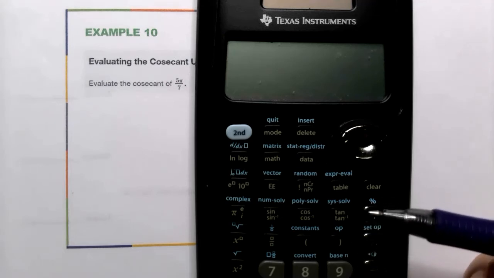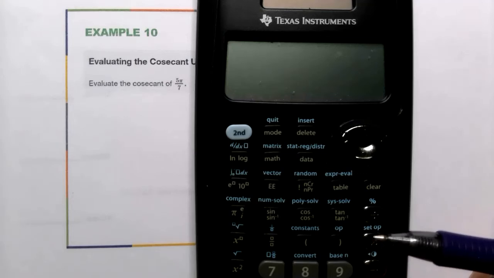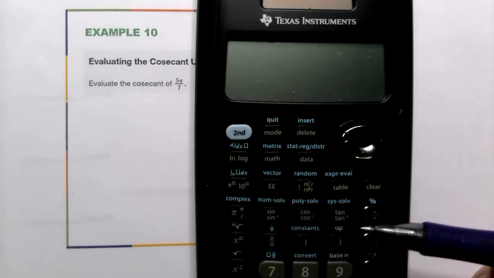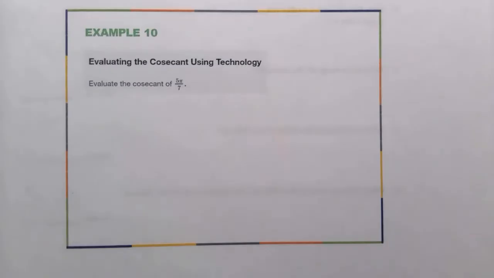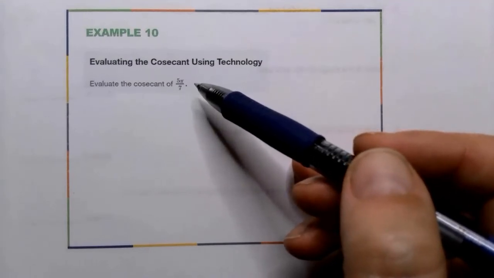Anyway, out of the 6 trigonometric functions that we just learned, your calculator will only do 3: sine, cosine, and tangent. So what do you do when you are asked to calculate a cosecant?